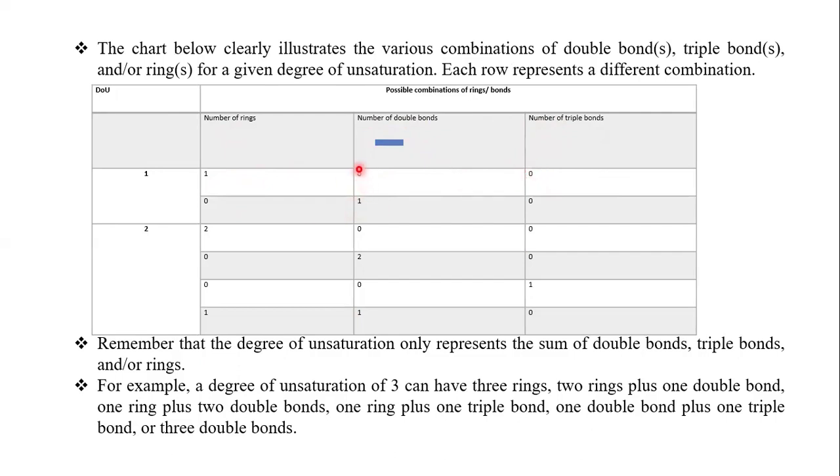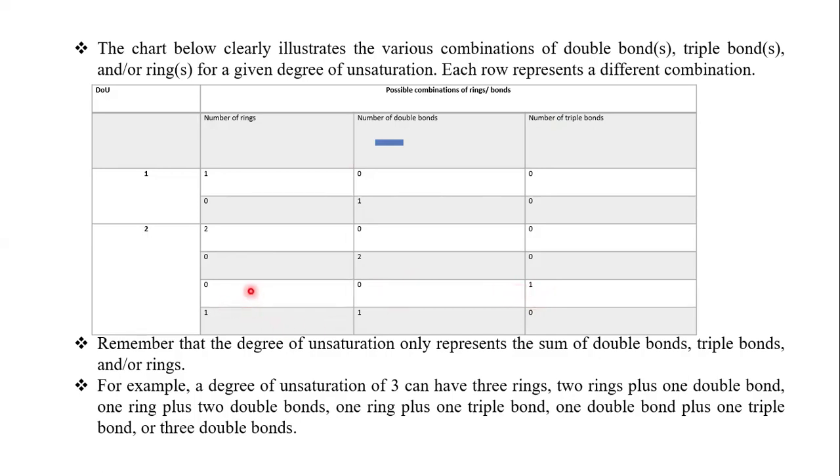And then if you do your calculation and DOU is equal to 2, the possibilities are it may contain 2 rings or 2 double bonds or 1 triple bond.